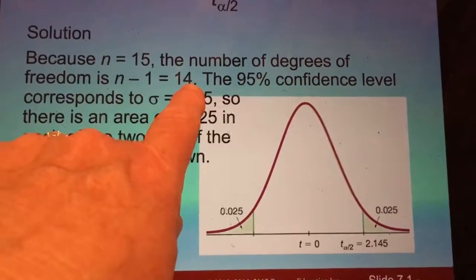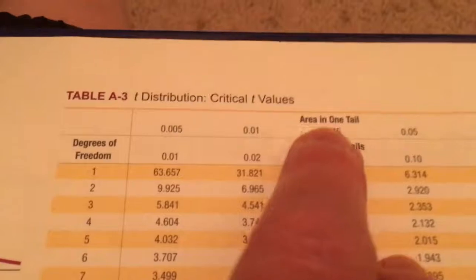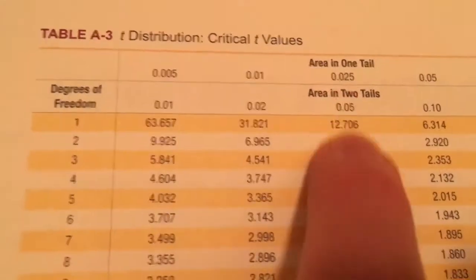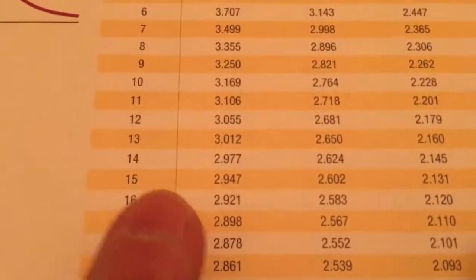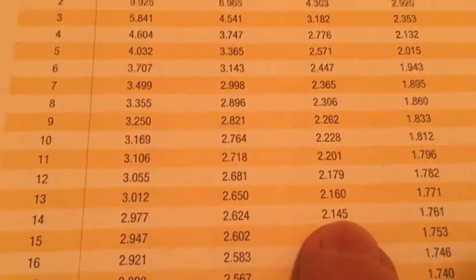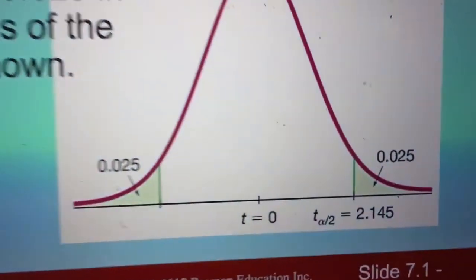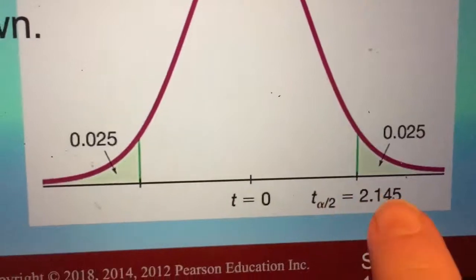So in the last one, we went over here to my T-chart, and there's my 0.025. So we're still looking down that level, but now we're only going down to 14, which is right here, going across: 2.145, and if you look over here, 2.145.